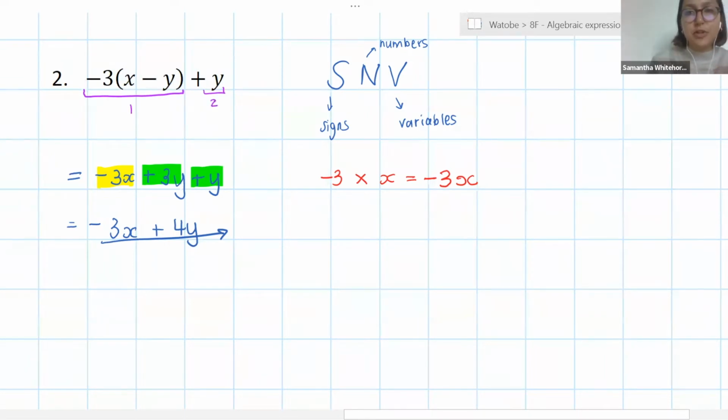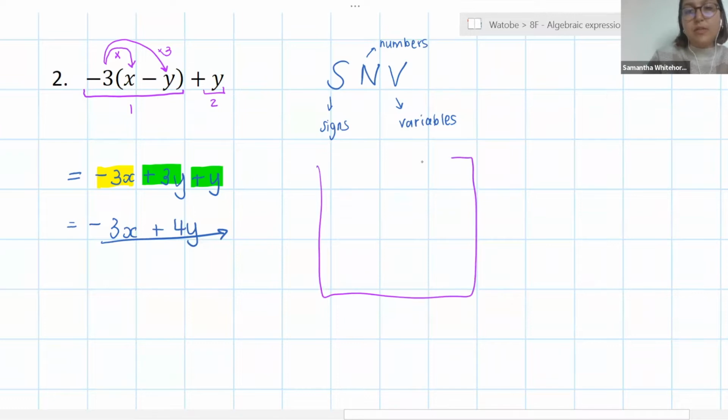Now, in the first term, I have to simplify that. So I need to multiply the -3 to the x, so that's a multiplication, and I need to multiply it with the -y. What I've done on the side, which I'm just going to quickly take off again, is I've got my little rough working out here. In the first multiplication, I've got the -3 times the x, and we said that that was -3x.